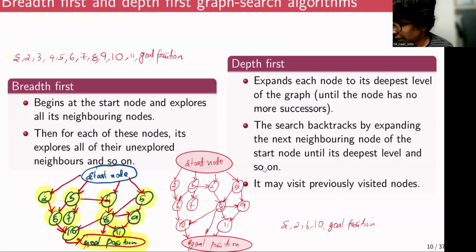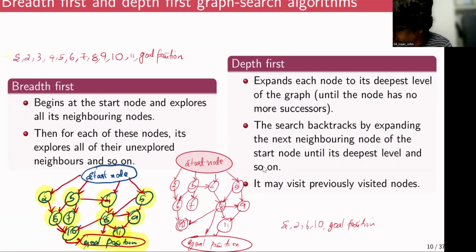Just to demonstrate the second point, I'll assume that there is no connection between 10 and the goal position. So what will it do? It will first explore all the nodes until there are no more successors.